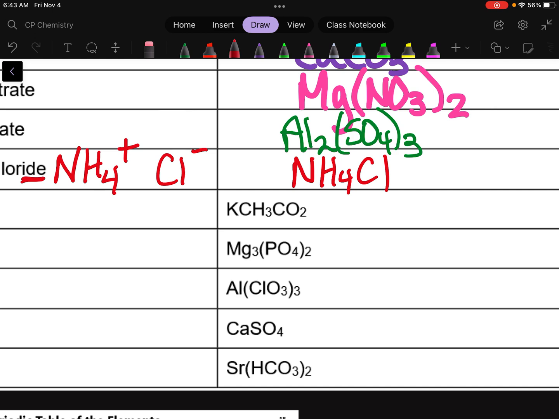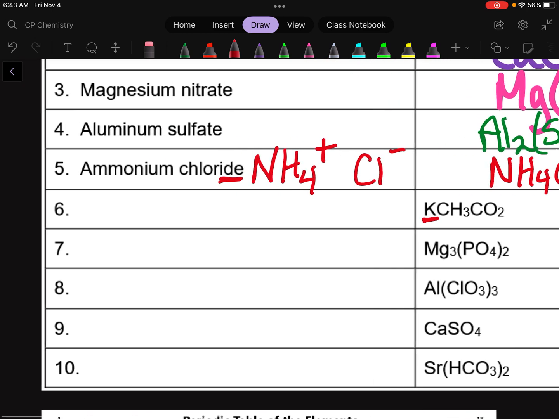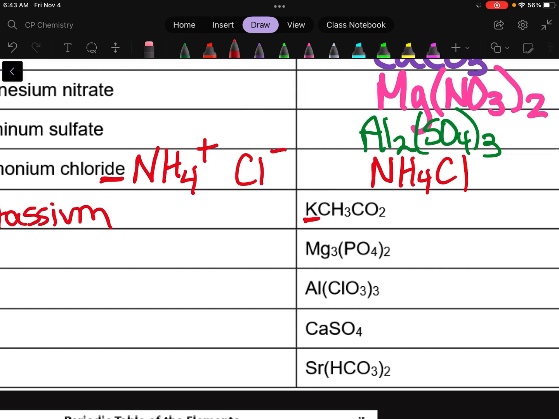Okay, when you do the reverse and you're given the formula and you have to come up with the name, it's a little bit easier. You don't have to really do charges and figure it out. So we have to figure out what the cation is and what the anion is. Potassium is a cation. It's a metal. And that will be our first name. Okay, and then the rest of this is a polyatomic ion.